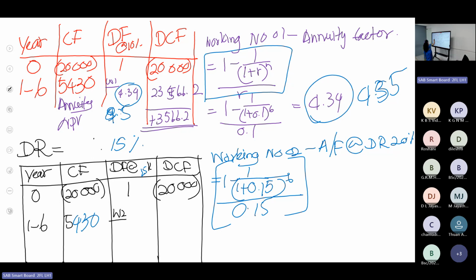So then what will be the value here? 23,620.5. So then NPV becomes 3,620.5.